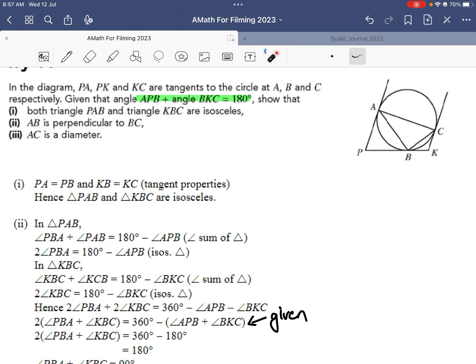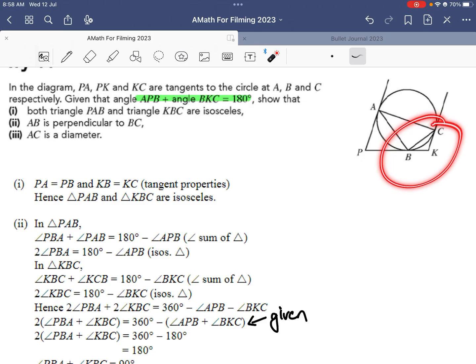Now see, PBA and PAB are both the same angle because of tangents to external point. Therefore, what I'm going to do over here is rewrite PAB to be equals to PBA. It's the same angle, so 2 PBA is equals to 180 minus angle of APB.